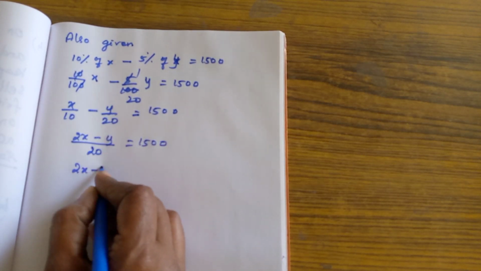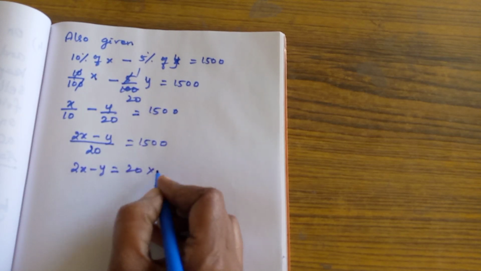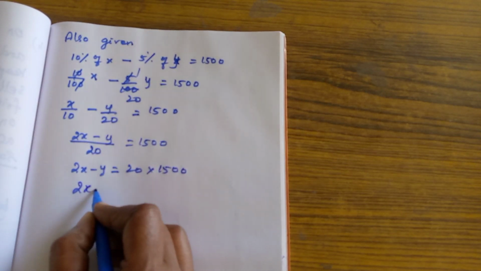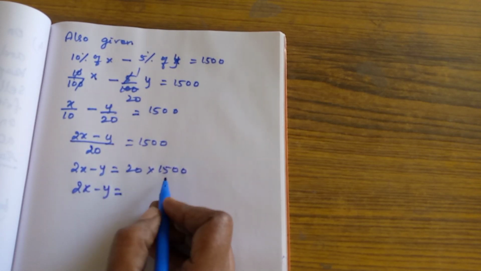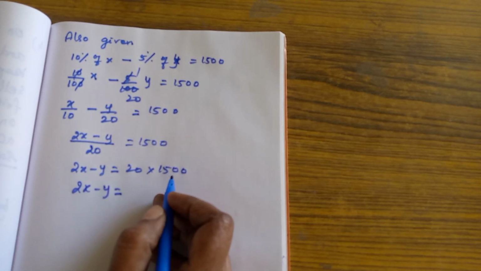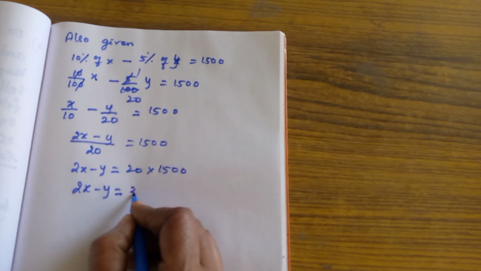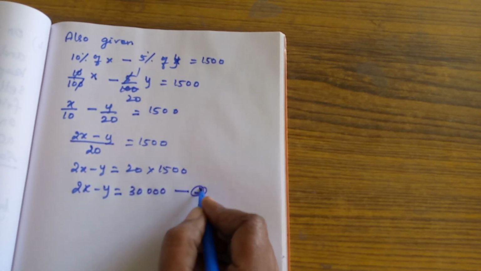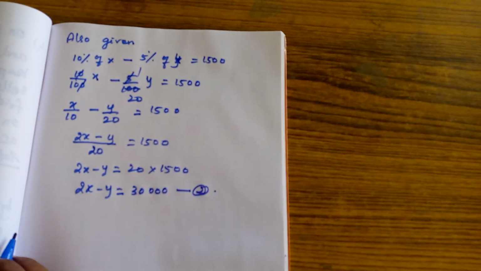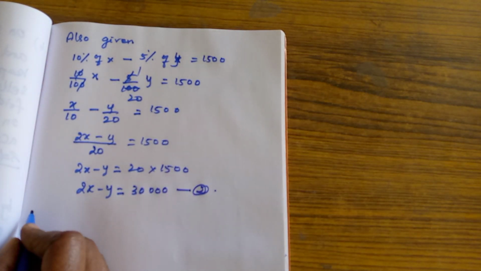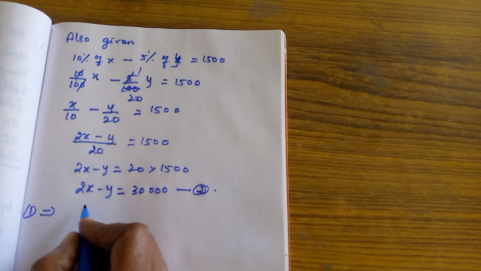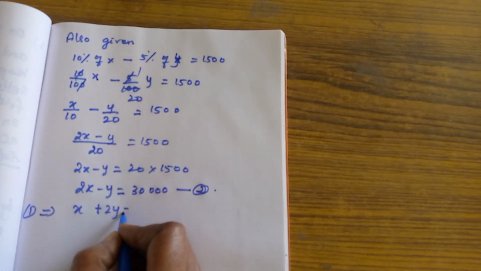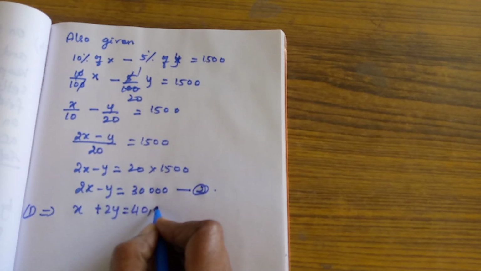So 2x minus y equals 20 into 1500, which is 30,000. Equation number 2. What is equation number 1? We have x plus 2y is equal to 40,000.